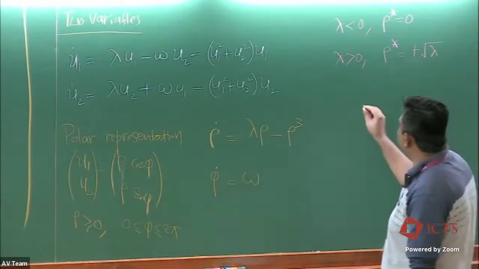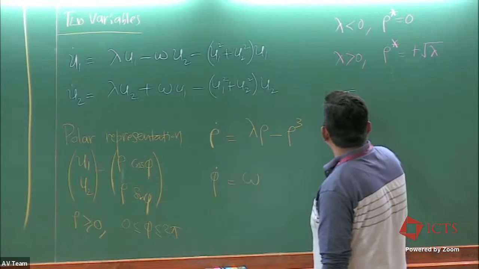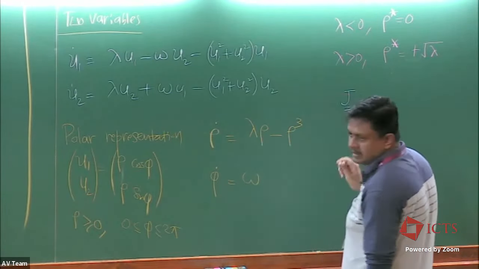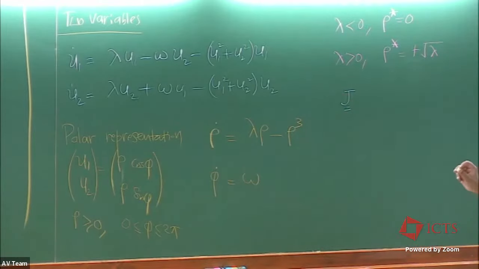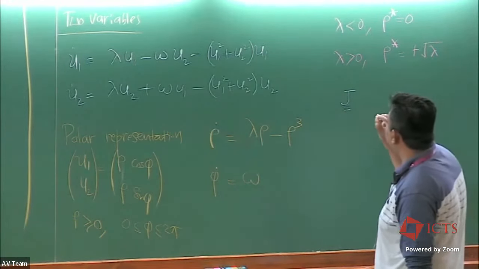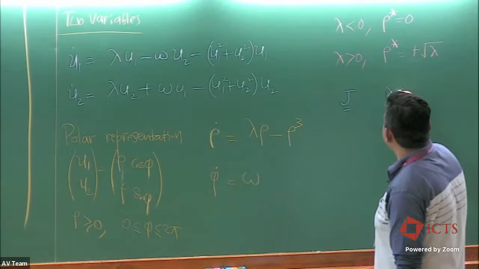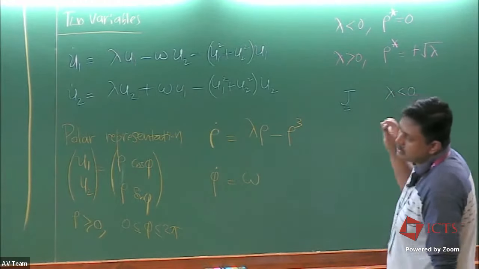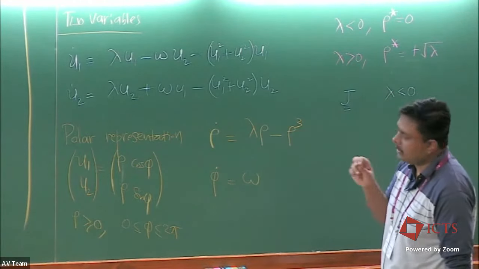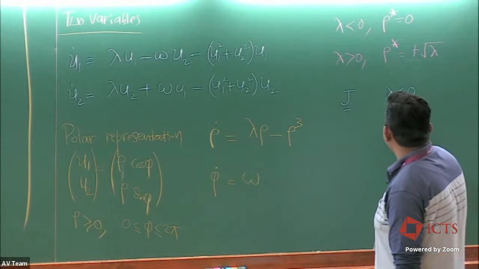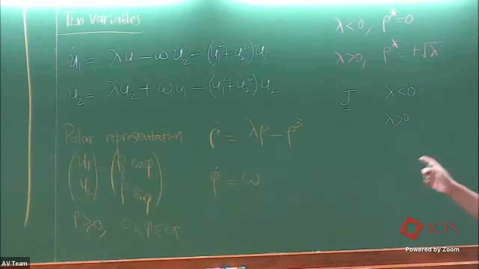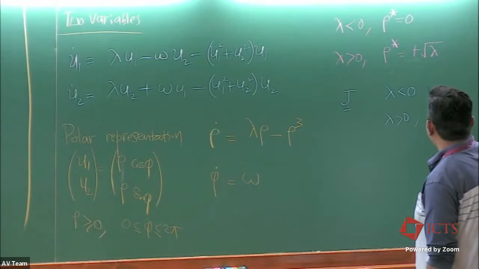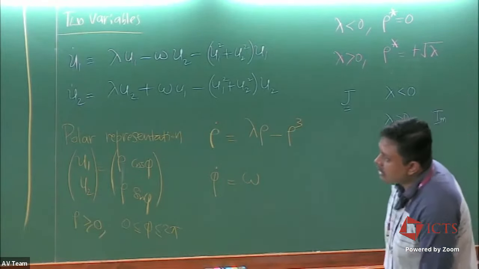And so formally do the following: work out the Jacobian matrix, work out its eigenvalues, and show that for lambda less than 0, all eigenvalues have negative real part. And for lambda positive, there is an eigenvalue whose real part is positive. I shouldn't have used lambda for something else.